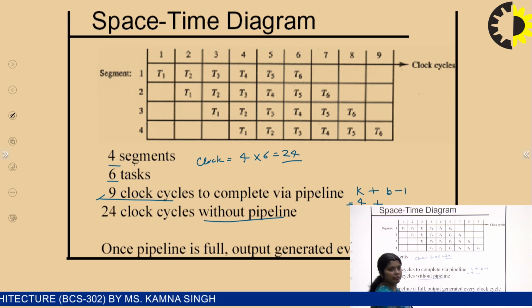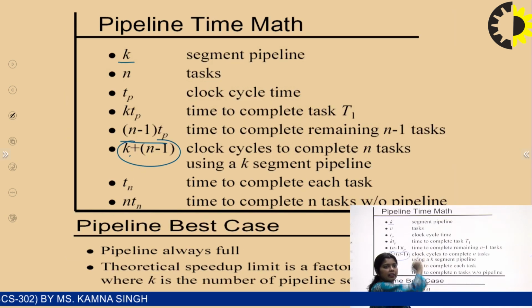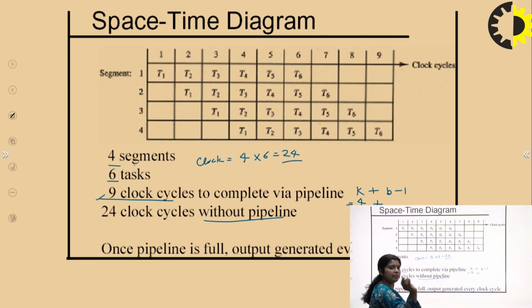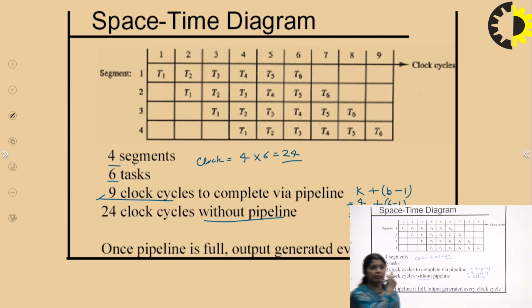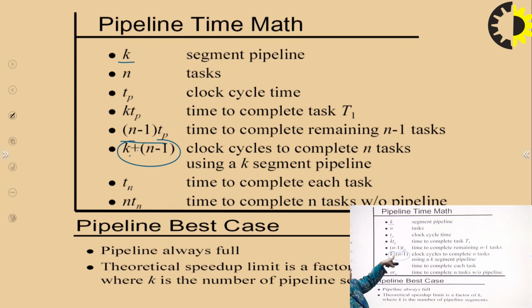N is the task, 6 tasks here, so that is 6 minus 1, that is 5. Directly you can get the 9 clock cycles without using the space-time diagram, with this formula K plus N minus 1 for the particular pipeline system.